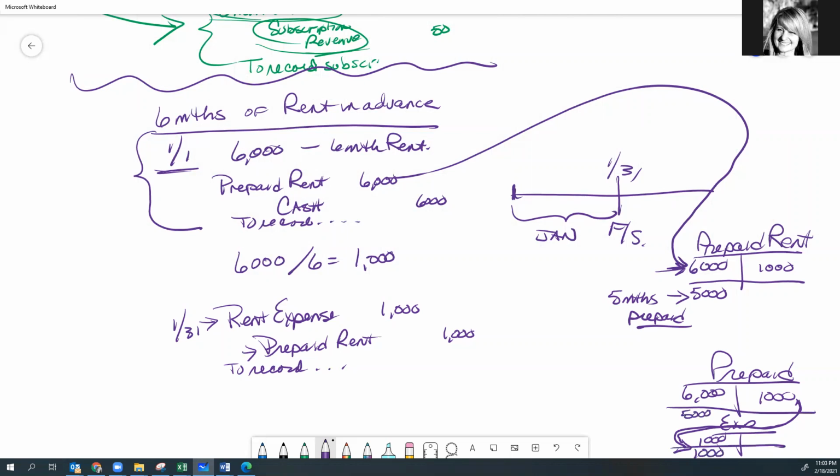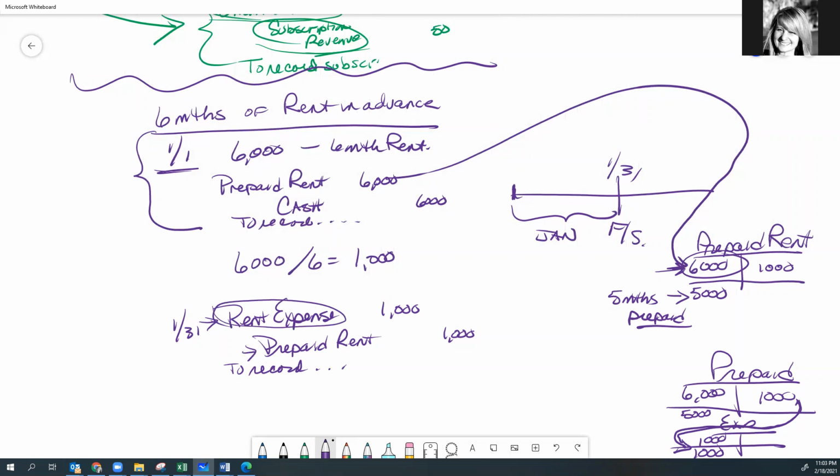So you can see this is super, super important, because if you don't make these adjusting journal entries, then your financial statements aren't correct. If you didn't make this adjusting journal entry, your assets would be too high. You would show prepaid rent of $6,000. So your assets would be too high, and you would not have shown this rent expense, which means rent expense is too low. If you didn't recognize it, then net income is too high.